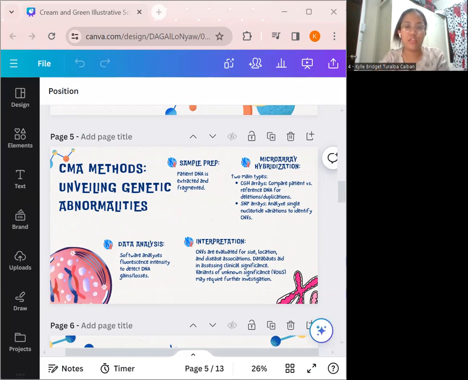Number two is the microarray hybridization. There are two types of microarray hybridization: we have the CGH and the SNP. CGH arrays means patient DNA fragments are labeled with fluorescent dye and co-hybridized with reference DNA on the microarray chip.